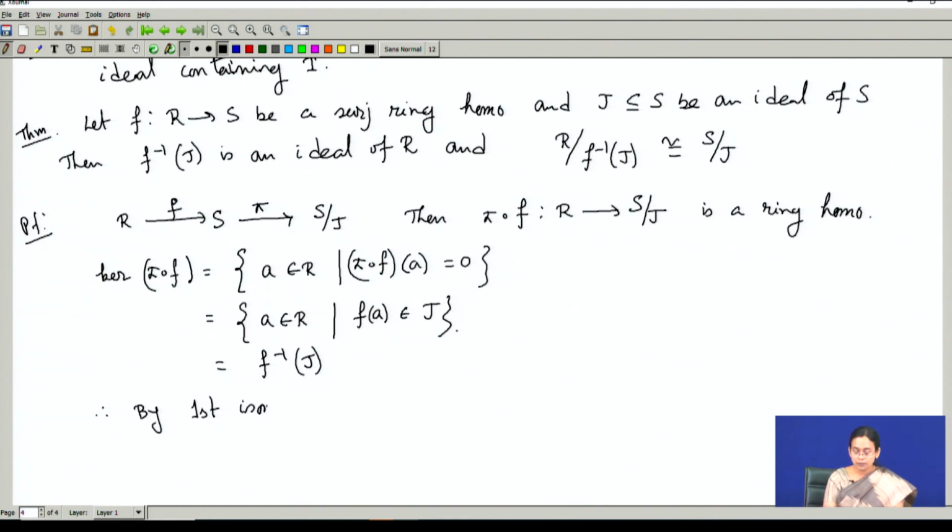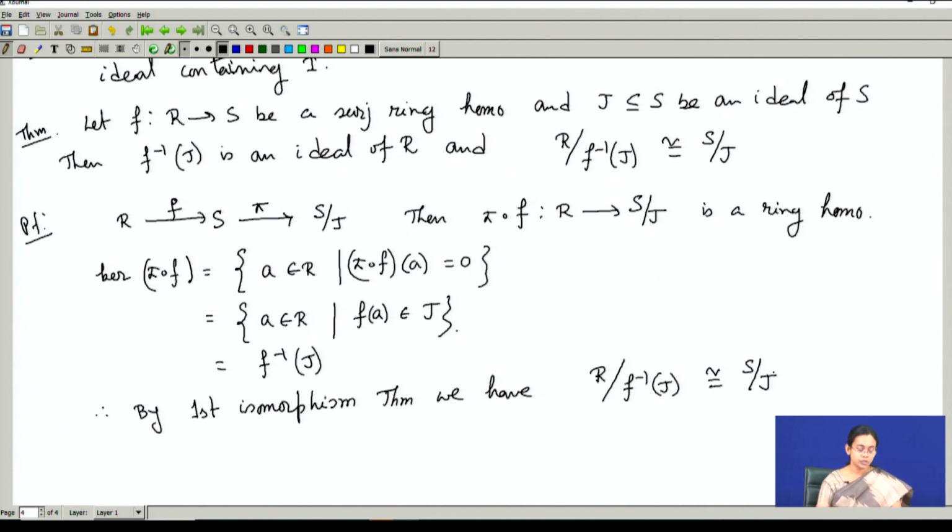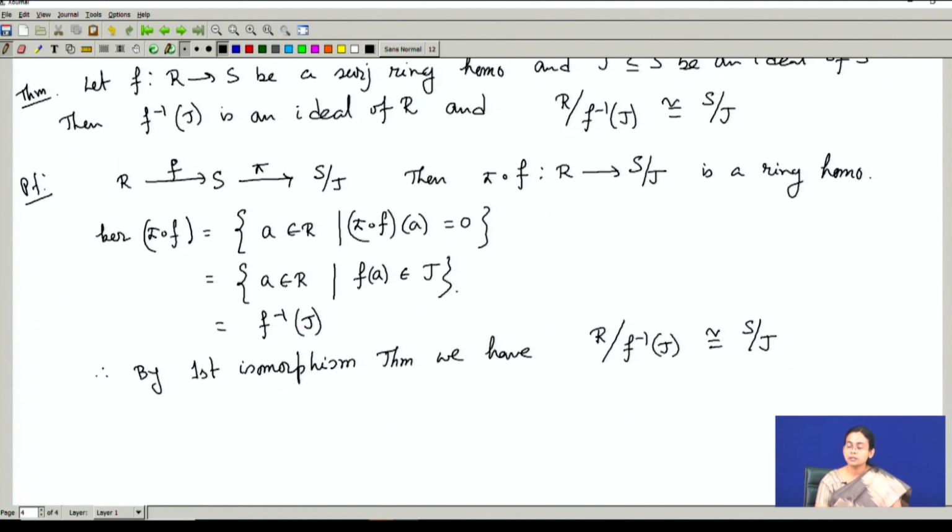So, by the first isomorphism theorem, we have that R quotient the kernel, which is nothing but the pre-image of J, is isomorphic with S quotient J. So, this proves this isomorphism between these two rings.